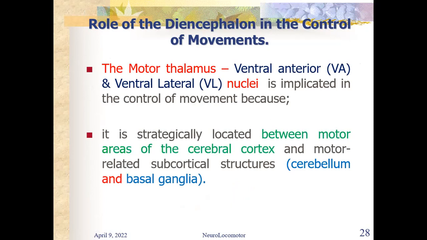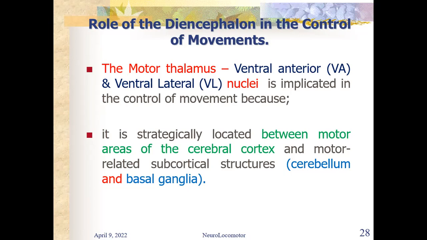As it is strategically located, it also receives motor information and integrates it before sending it either to the cerebral cortex, the premotor or motor cortex, or channeling it between the basal ganglia, the cerebellum and some subcortical structures.